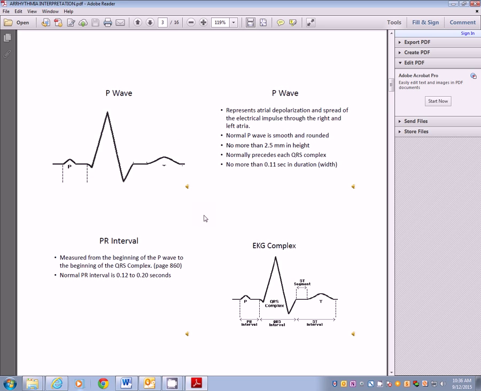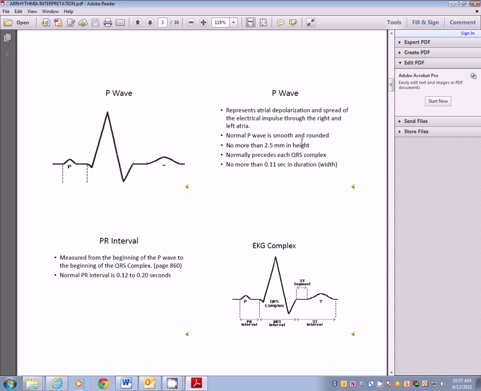Now, the P wave, again, should not exceed 0.2 seconds as it's measured. It represents atrial depolarization and the spread of electrical impulses through the right and left atria.